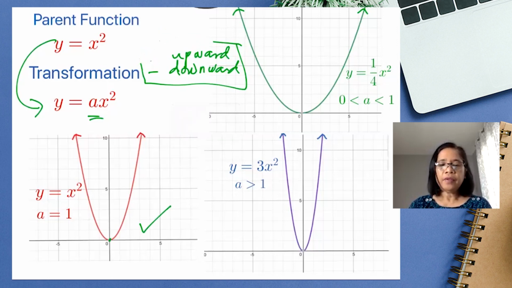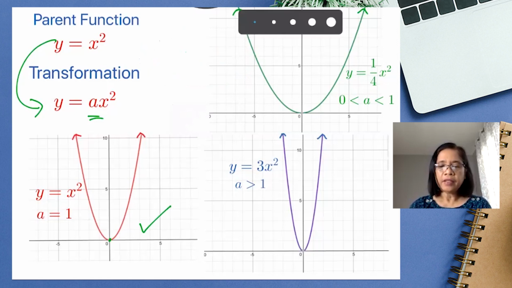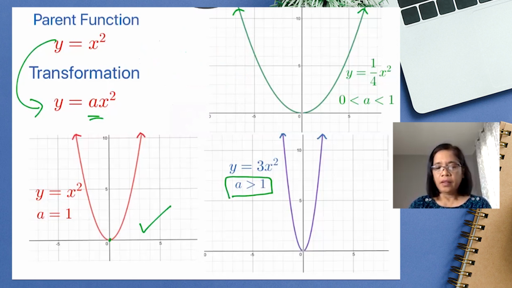If the value of a is positive and greater than 1, how does this graph compare to the graph of the parent function here?